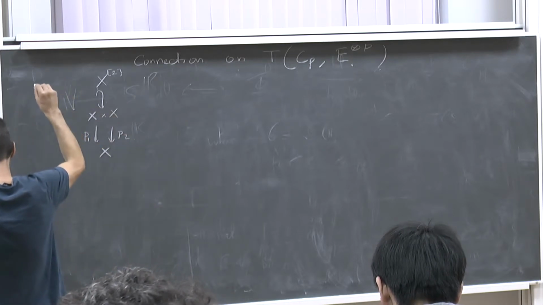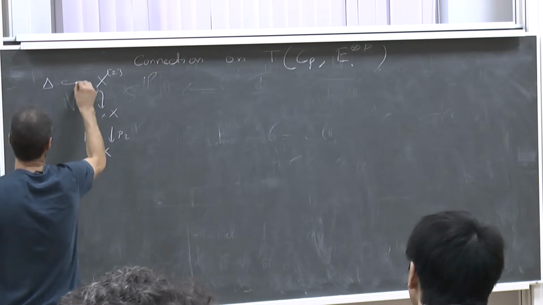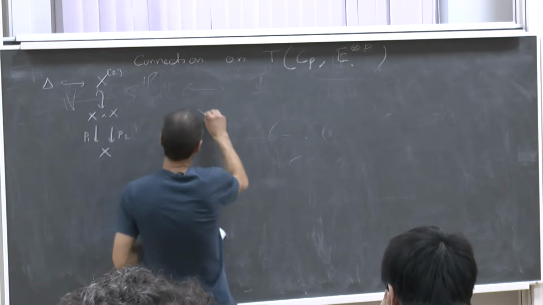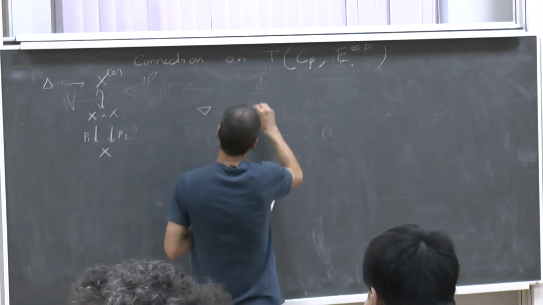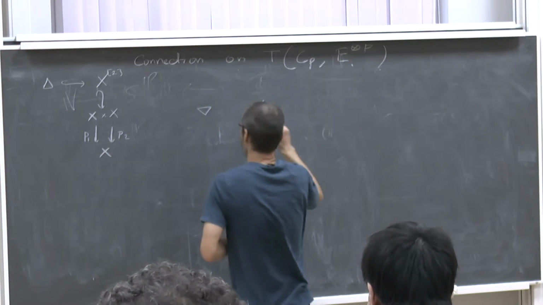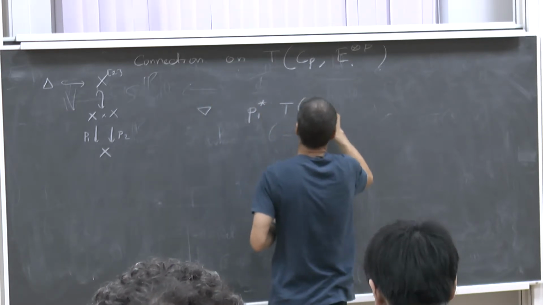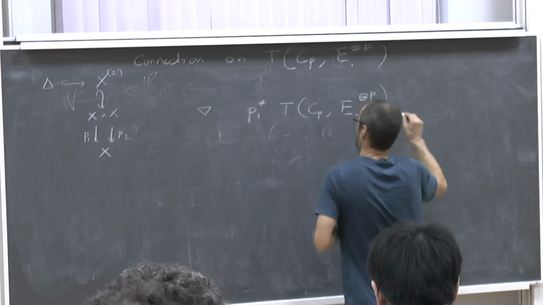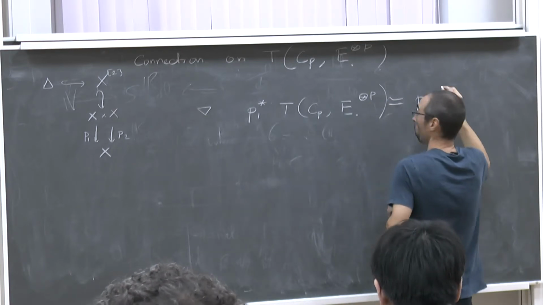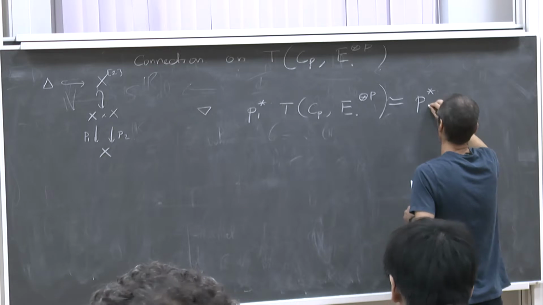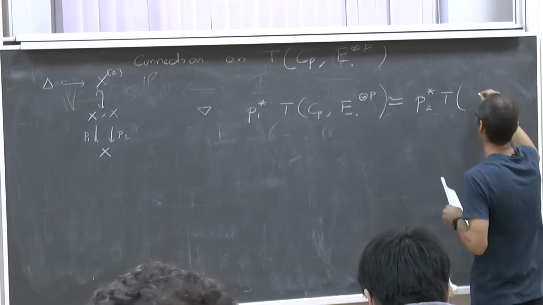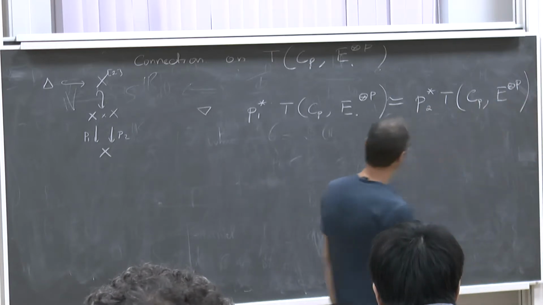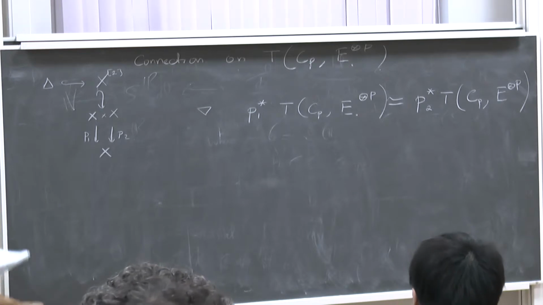And so what I want to produce is a quasi-isomorphism between the two pullbacks, which is equal to the identity on the diagonal. So let's do this.